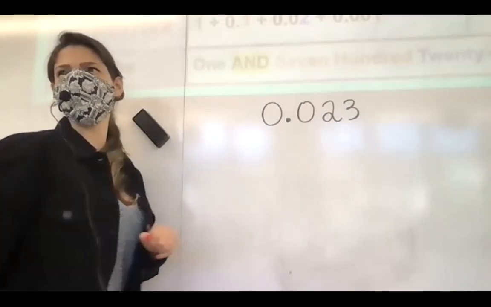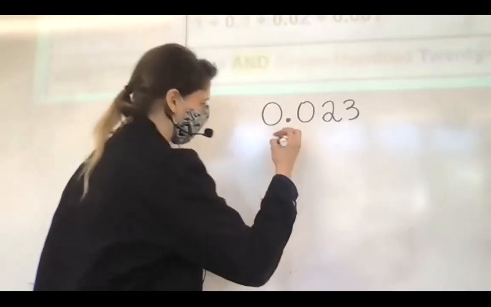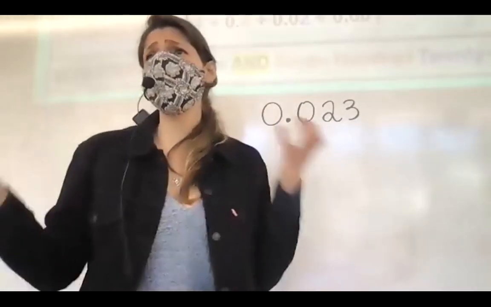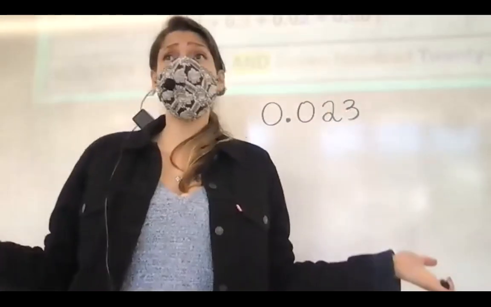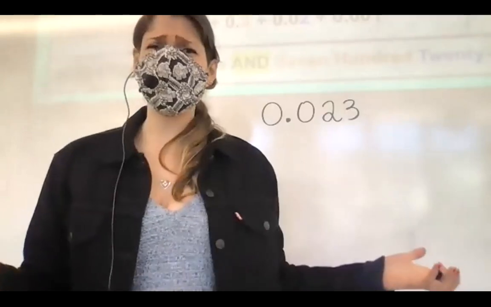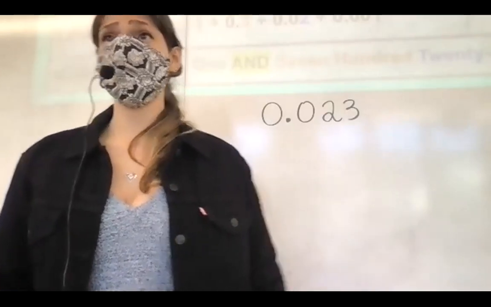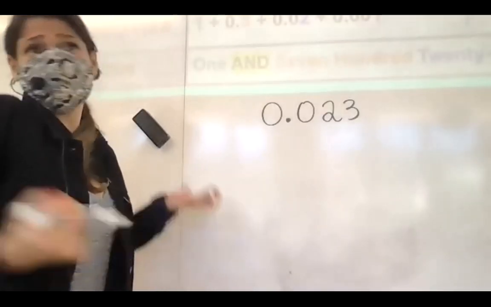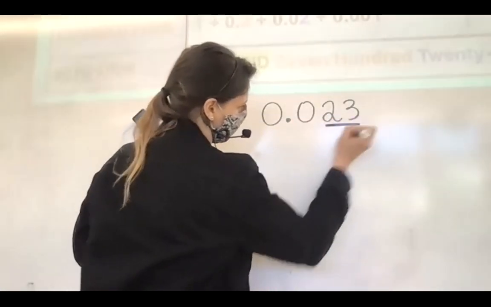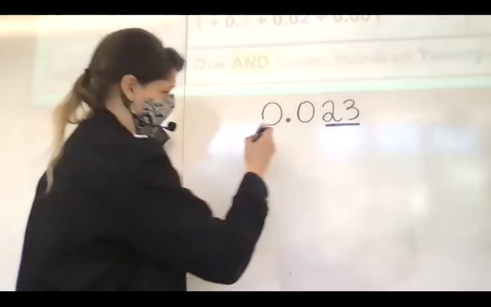Luigi? Is it 23 thousandths? You are absolutely correct. I don't say 0 because in real life, if I had no whole numbers, I wouldn't say I have 0 of this. You'd be like, okay, why did you say that then? I have 0. You'd be like, I don't have anything. So I'm just going to look at the 23 because that's the only numbers I have to work with.